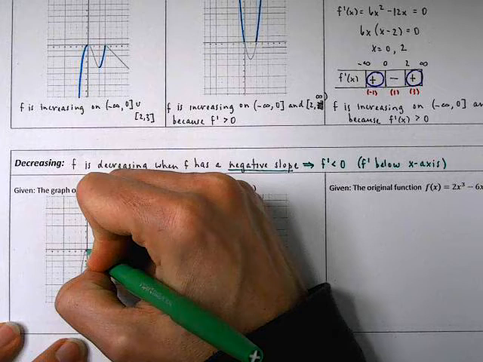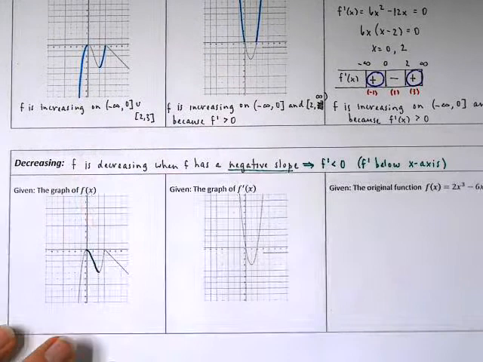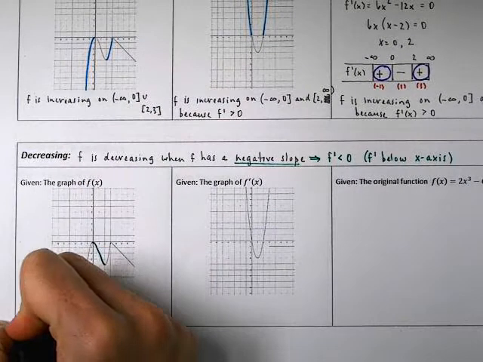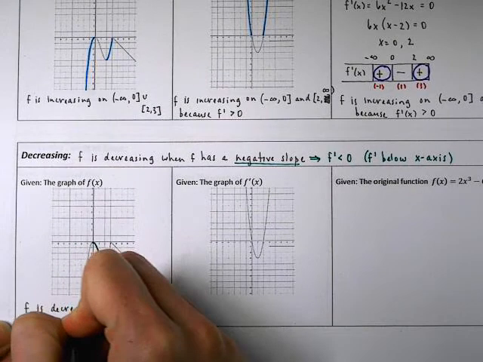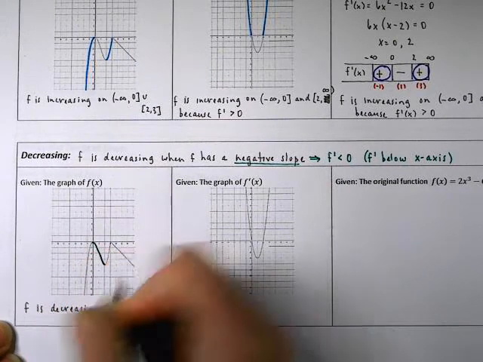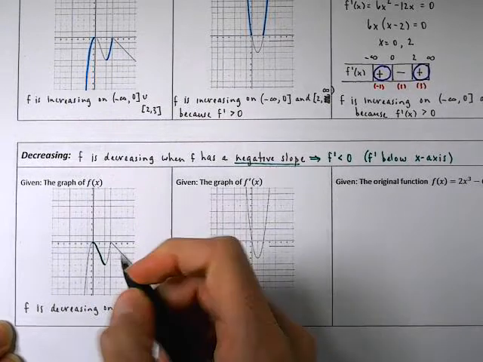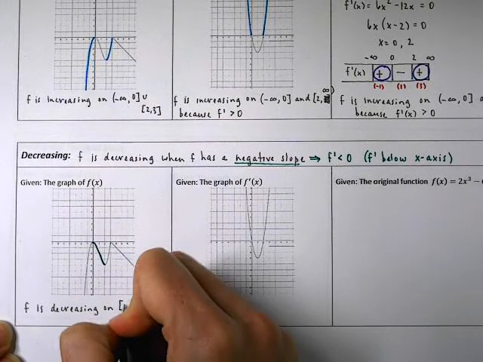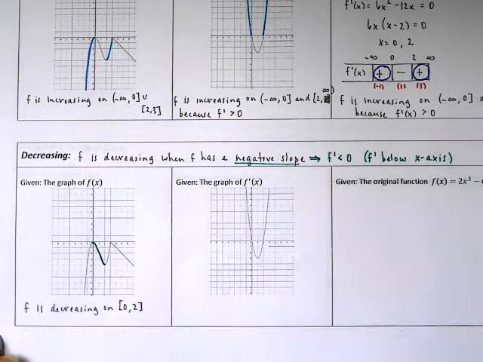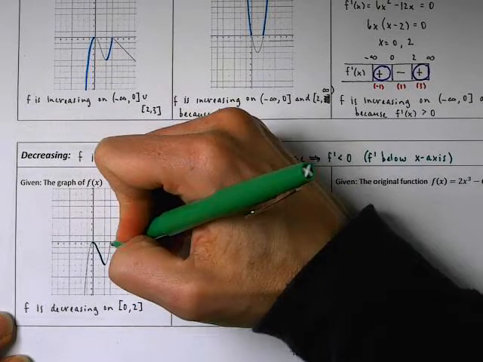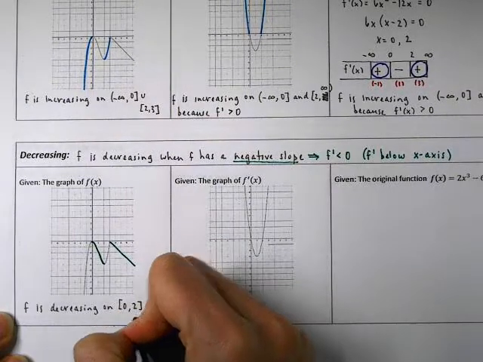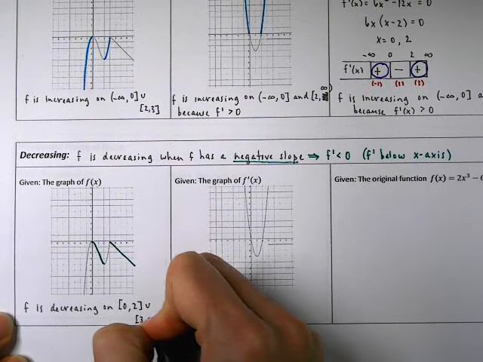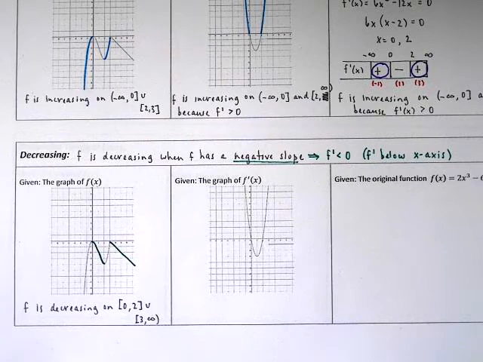So here I'm looking over this interval. So f is decreasing on the interval from, let's see, it looks like 0 to 2. And I also have a negative slope here. So we would say it looks like from 3, and assuming this goes on, 3 to infinity.